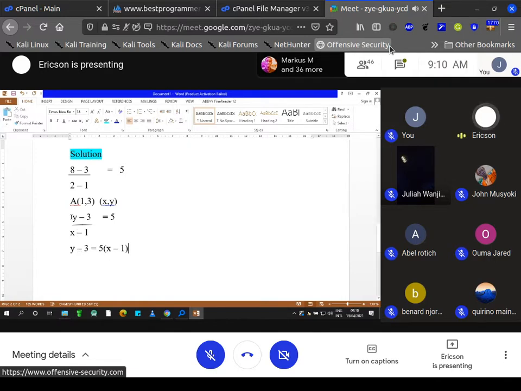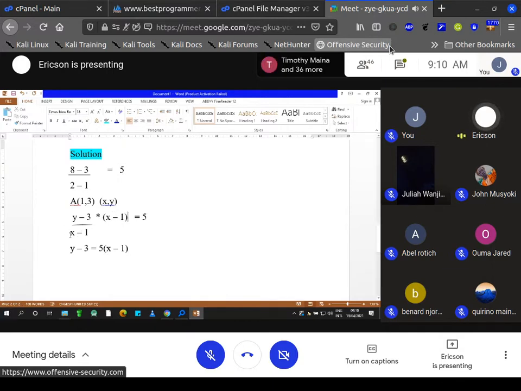Here we are multiplying both sides so that you can eliminate the denominator.